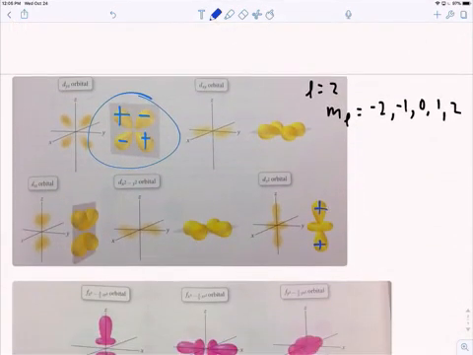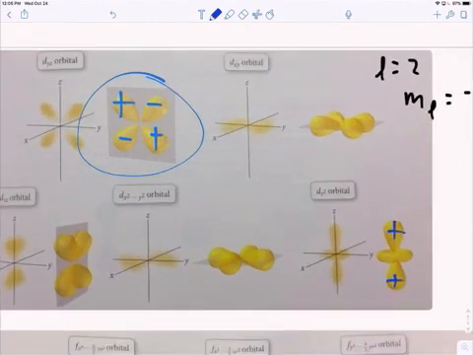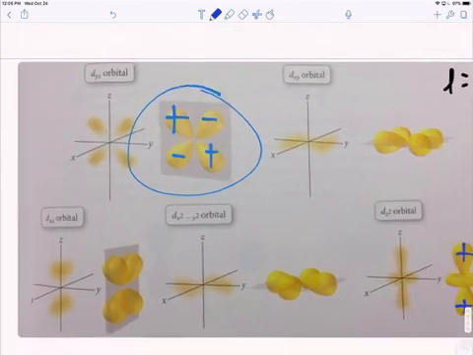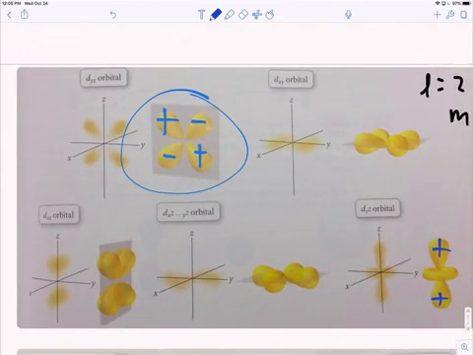Here is the d orbital, and there are 5 of them. You have the dxy, the dyz, and the dxz. They're all in planes. If you have the coordinate system, one is this way, one is this way, one is this way, and they're diagonal, in between the axes.